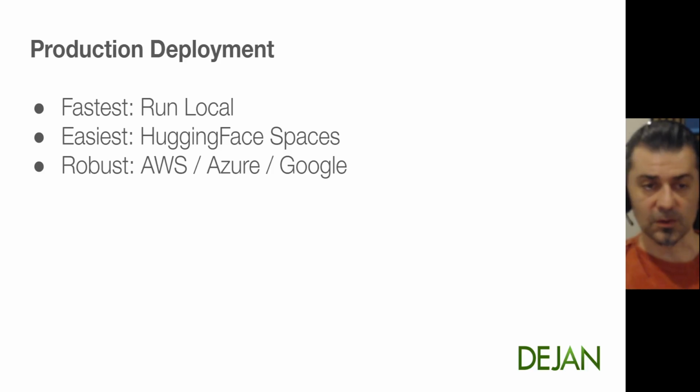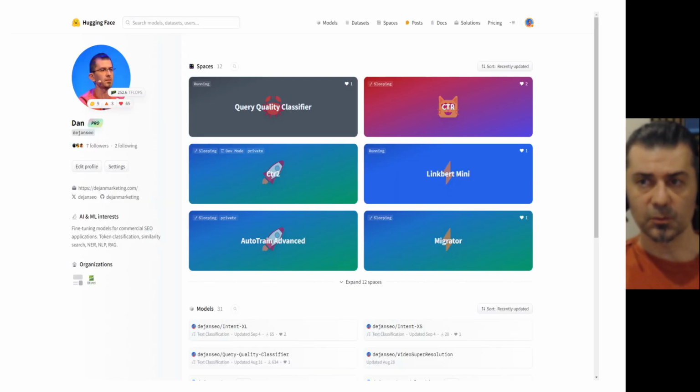And of course, if it's in a more commercial setting and proper deployment, you probably use something a developer would use, like a container or a cloud solution. So this is what Spaces look like. You can create your space and simply run the model.